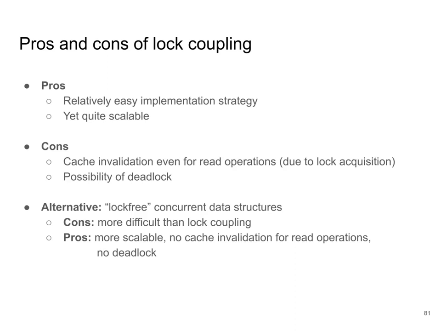So multiple threads may be accessing the linked list at the same time, accessing different parts of the linked list structure. The con is that you acquire the locks even for reads, even for traversal. So there is cache invalidation due to writes, and this lock acquisition will incur cache invalidation, which may degrade the performance.